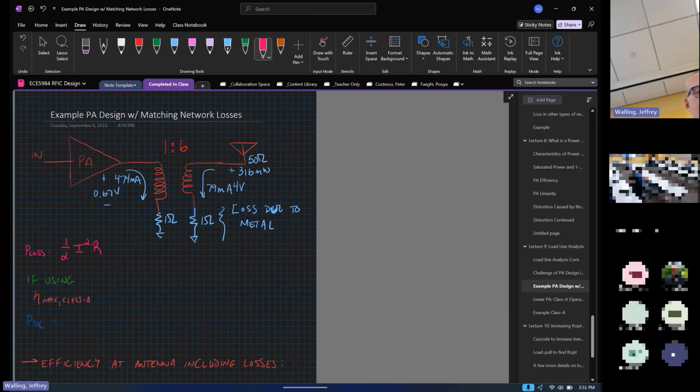So in the primary side of this thing, we have 1/2 times 474 milliamps squared times 1 ohm, or about 112 milliwatts of power loss. So this is just lost. This is just power dissipated as heat in the coil.